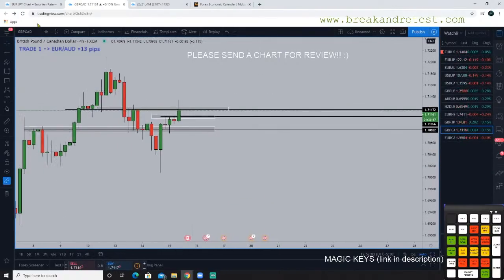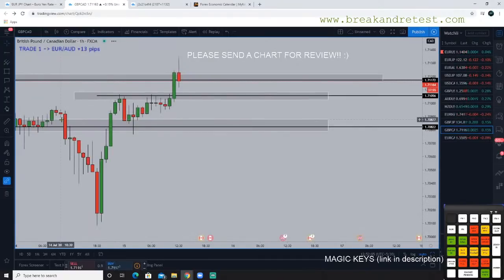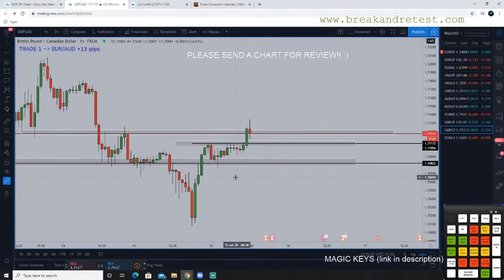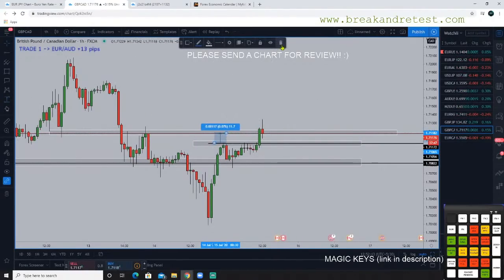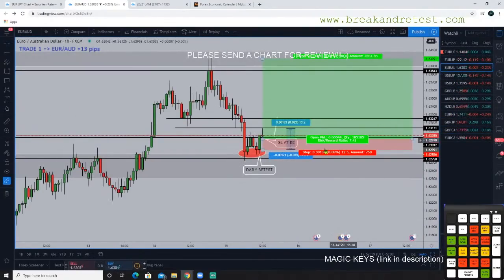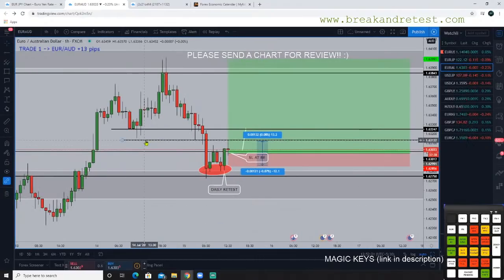But I think I'm gonna pass on GCAD. I don't feel comfortable taking it since we have two zones in between. I'll just watch. Still holding half of my positions on EA, so not gonna take any trades for now.